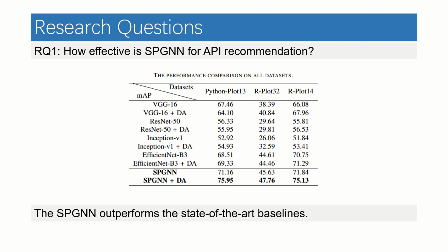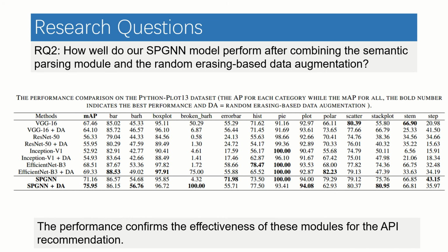The results reflect that our model is effective and can be used to assist developers in plotting. SPGNN and SPGNN plus data augmentation respectively achieved 71.76% and 75.95% MAP, and performed the best in comparison with all baselines.